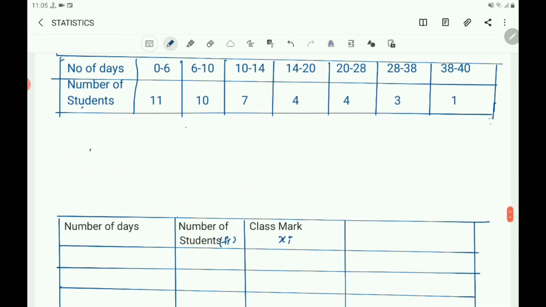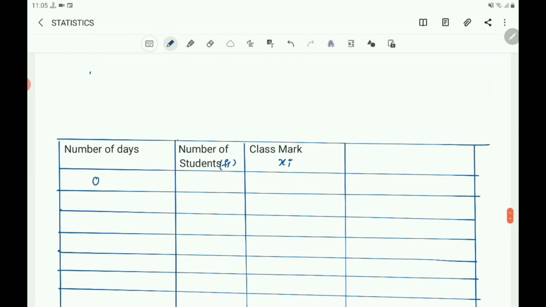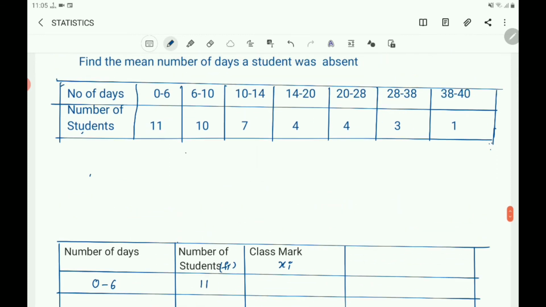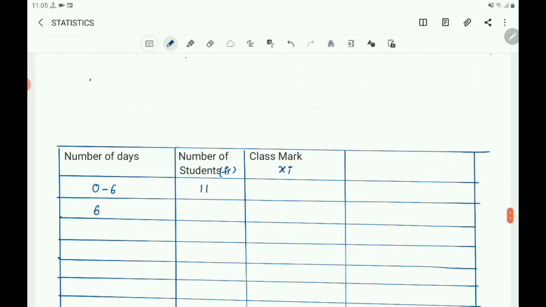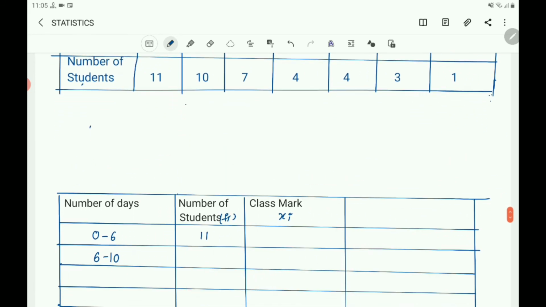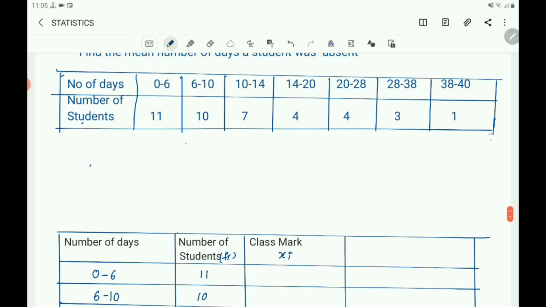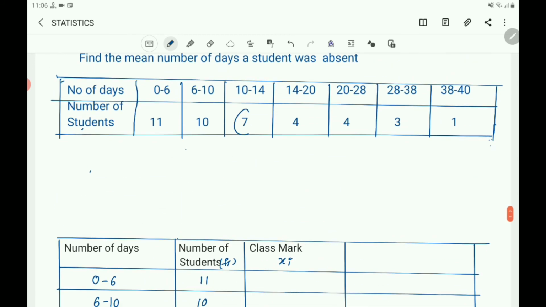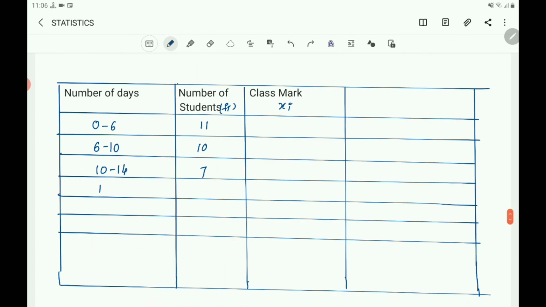Next, number of days are 0 to 6, 11 students, and 6 to 10, that is 10 students. 10 to 14, 7 students. 14 to 20, 4 students.